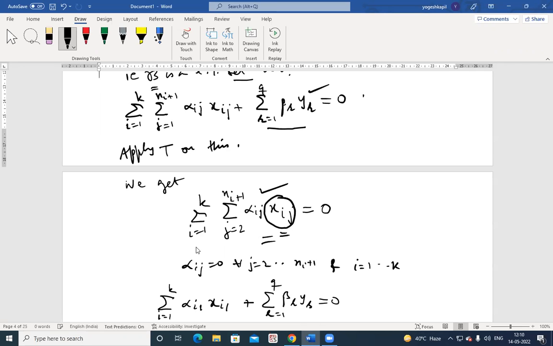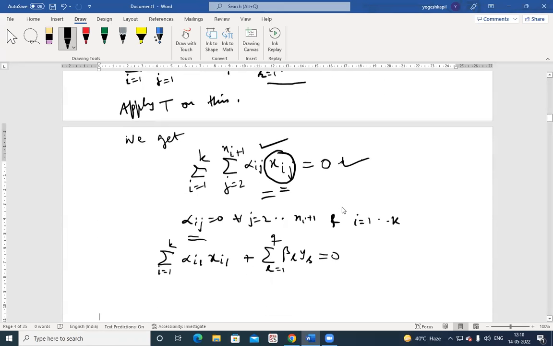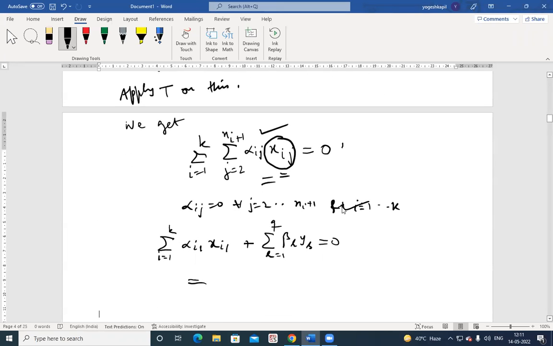Initially I took that 0. When you operated T on this, I get this 0, and this 0 means I get these alpha ij's are zeros because of linear independence of these xi's. All right. And then what is left in the original linear combination is this. Now you check. These are the elements of the basis of kernel T.